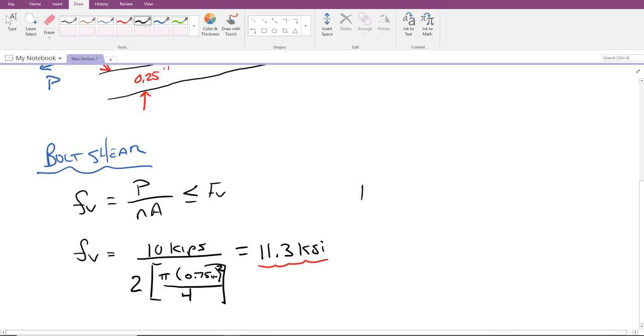The allowable shear stress we can simply pull from table 10.1.